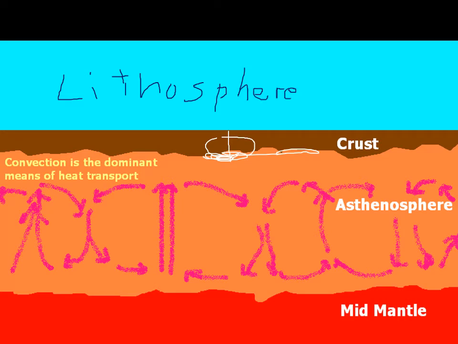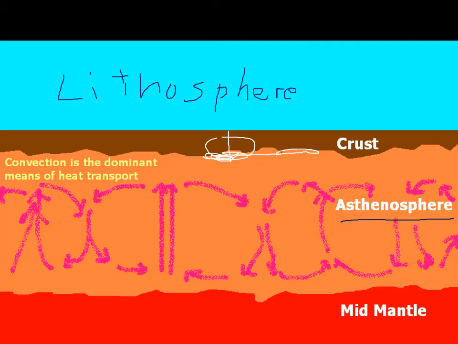The next part, that is the upper part of the mantle, but not the absolute upper part. It's the upper part just below where it's solid, super solid. We call it the asthenosphere. The asthenosphere is not really liquid, but it flows like glaciers.